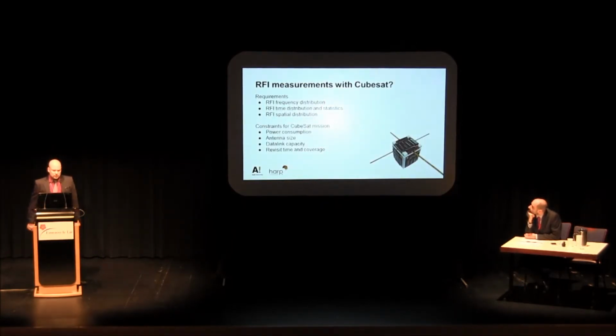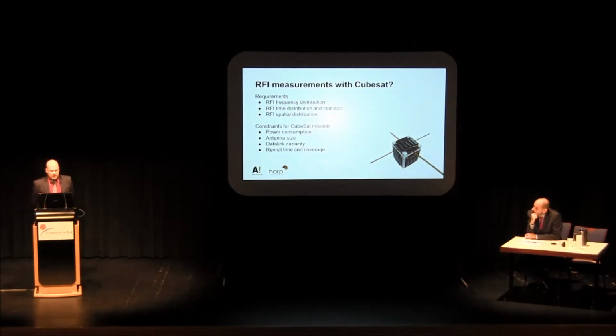Some of the requirements, what we should do: we want to know the radio frequency interference frequency distribution, we want to know time distribution and statistics, and also power distribution, and then spatial distribution. From what areas we are getting these signals.